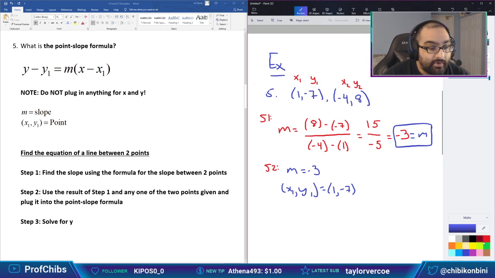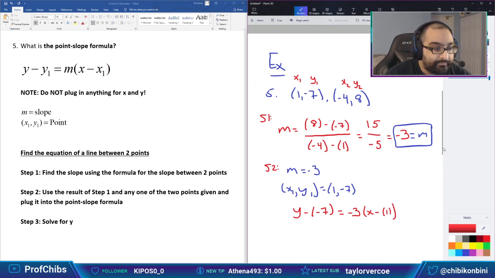Now again, we do not want to enter anything for x and y, so we're going to leave y alone. Y minus y1, so y minus -7 equals m, -3, times x minus x1, which is +1.